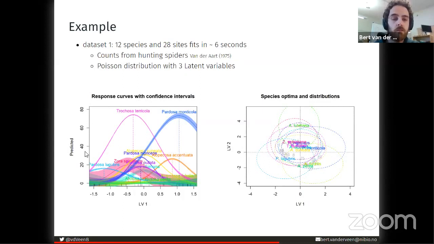And then we have this figure on the left side, where we have the first latent variable on the x-axis and prediction on the y-axis. And then you get these very nice quadratic curves with confidence intervals for each of the species.